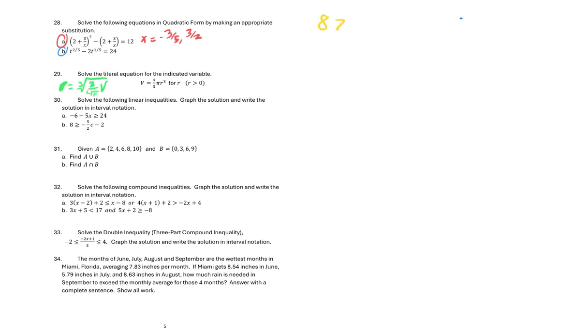Next, 8 is greater than or equal to negative 5 halves c minus 2. So we'll add 2 to both sides, and then we're going to multiply by negative 2/5 on each side, and remember to switch the sign.